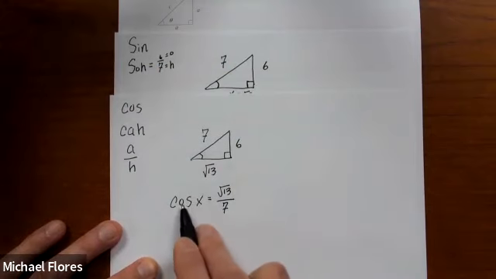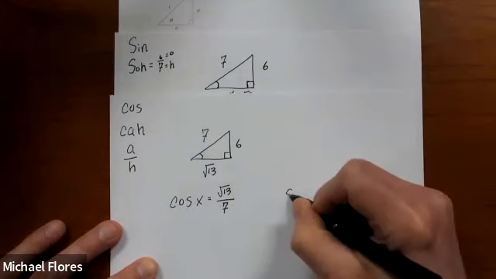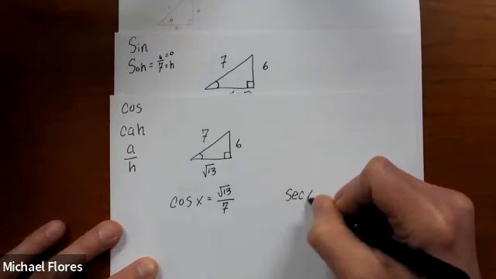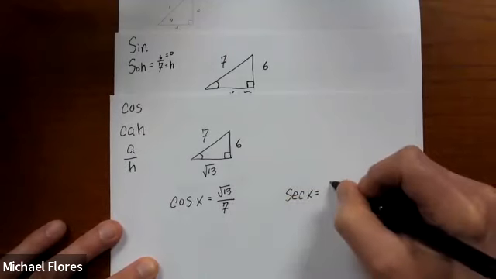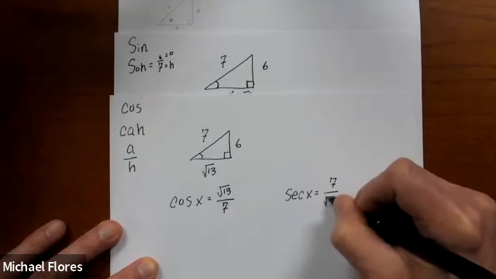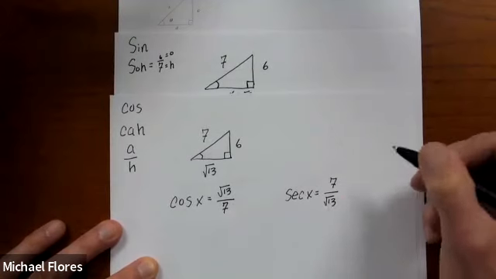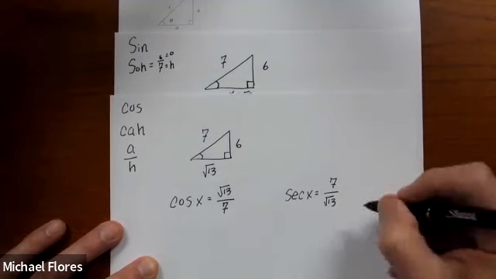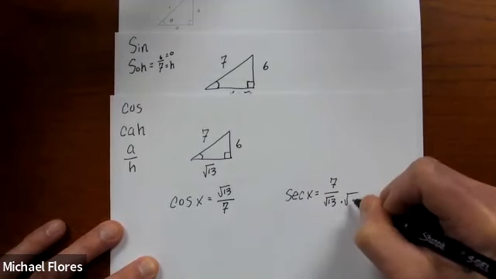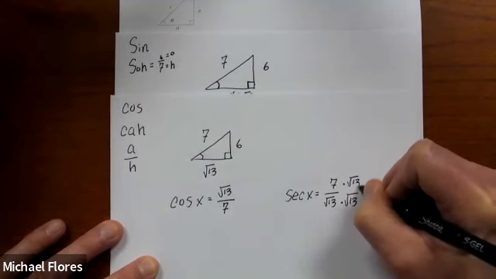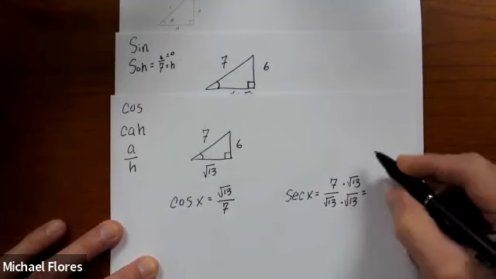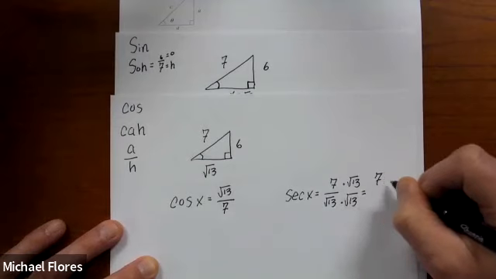The reciprocal of cosine, that is secant. And the reciprocal of root 13 over 7 is 7 over root 13. But now we need to rationalize the denominator. So multiply the top and bottom of this fraction by the square root of 13. 7 times root 13, let's just keep it as this.